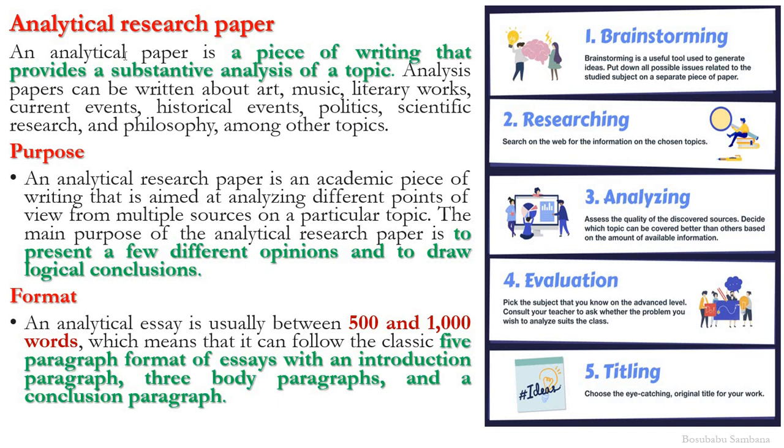First one, brainstorming. That means you use it to generate ideas, which analytical way and which area you are planning to write. Follow the existing rules. Then researching in the existing field.